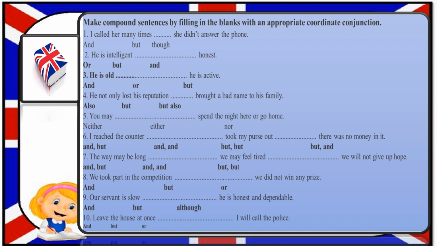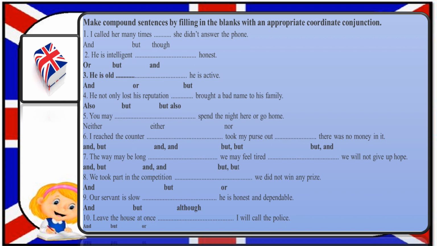The fourth sentence: he not only lost his reputation, brought a bad name to his family. Also, but also. The fifth sentence: you may spend the night here or go home. Neither, either, no. The sixth sentence: I reached the counter, took my purse out, there was no money in it. And, but.